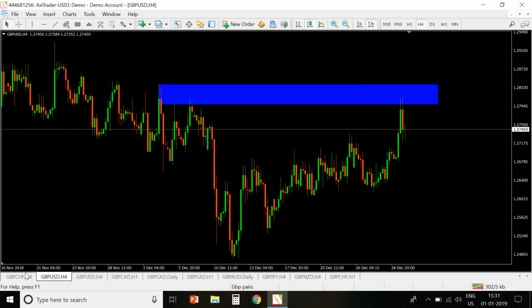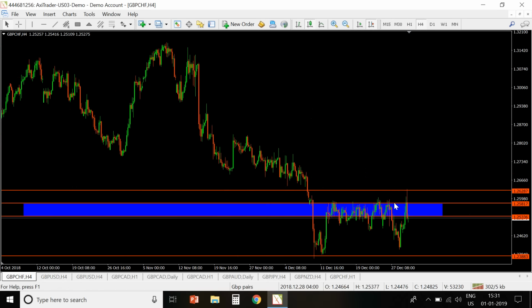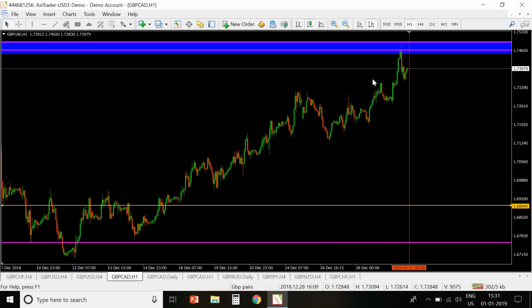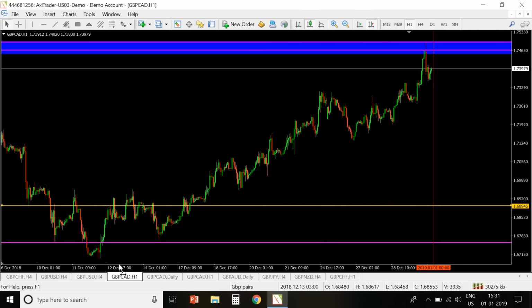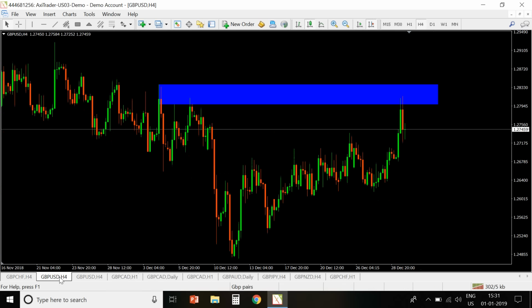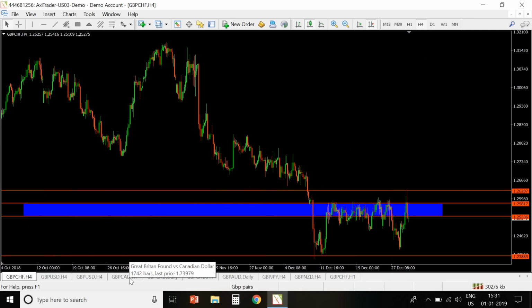GBP USD same, GBP CHF same manipulation, GBP CAD also. So when you get three core areas in three pairs, I mean, in which pair are you trading? For trading in GBP, you're getting the same ideas and same signals in these pairs.